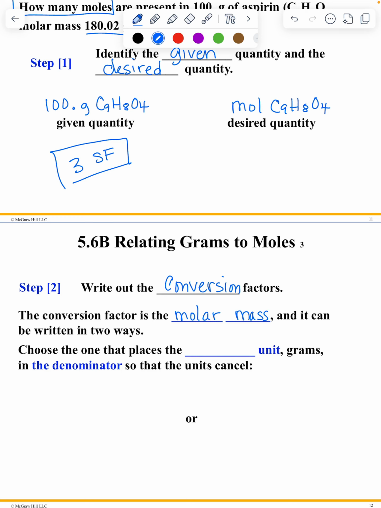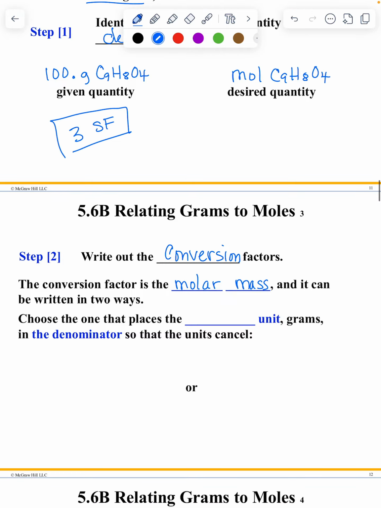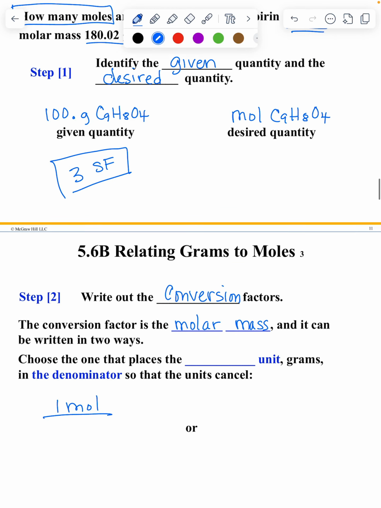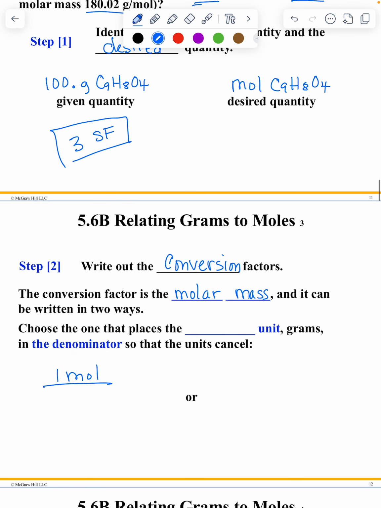We can either have 1 mole on top and the molar mass, 180.02, on the bottom, or we can put the grams on top and 1 mole on the bottom. Those are our 2 conversion factors.